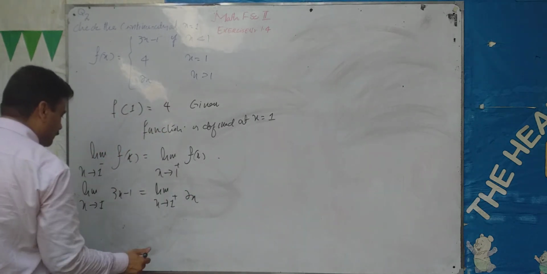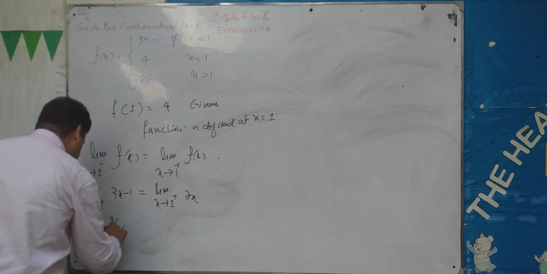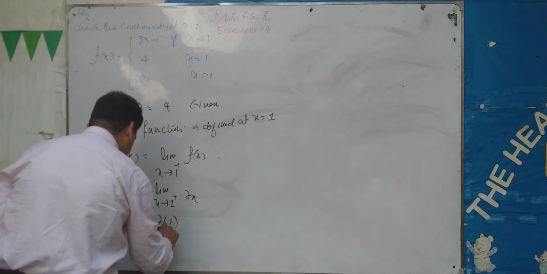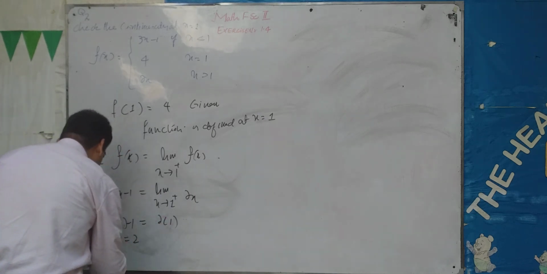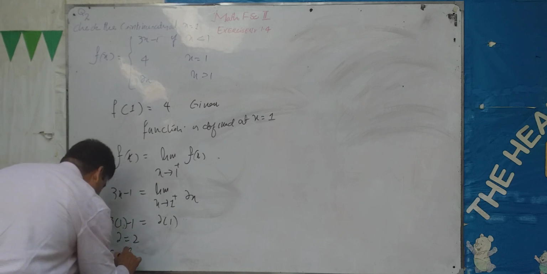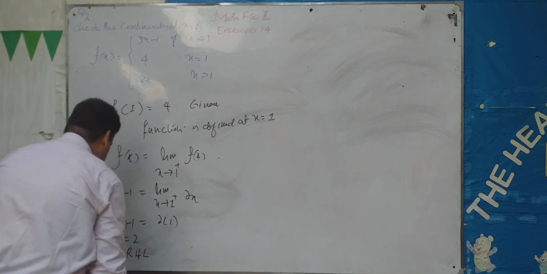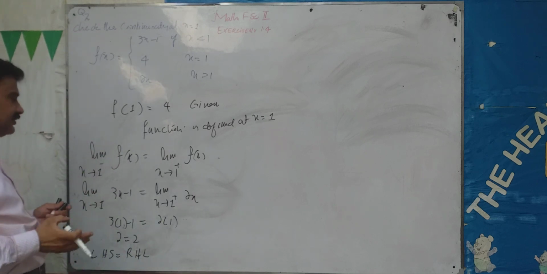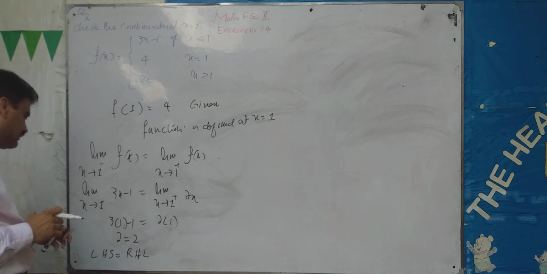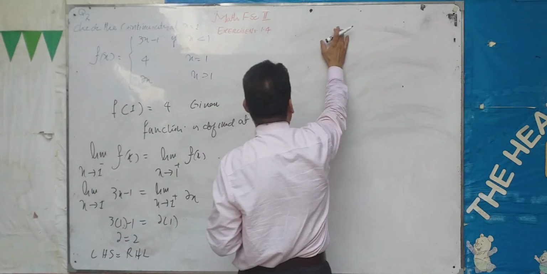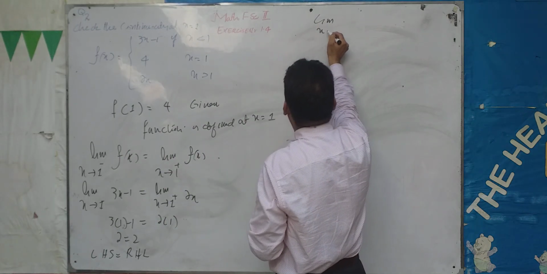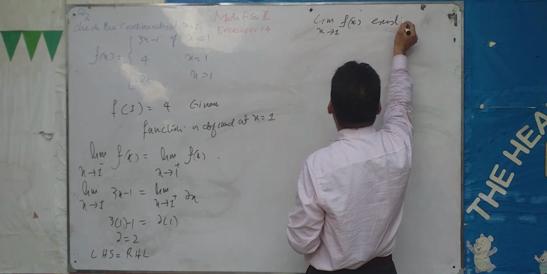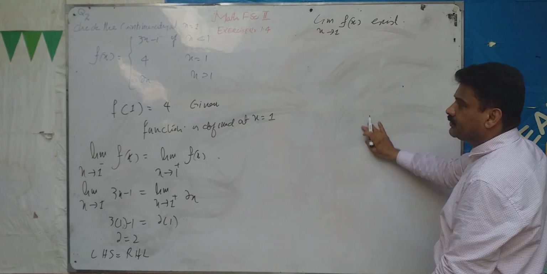We will replace x equal to 1 on both sides, which means the left hand limit is equal to the right hand limit. Since both answers are equal, we can say that the limit of the function when x approaches 1 exists.